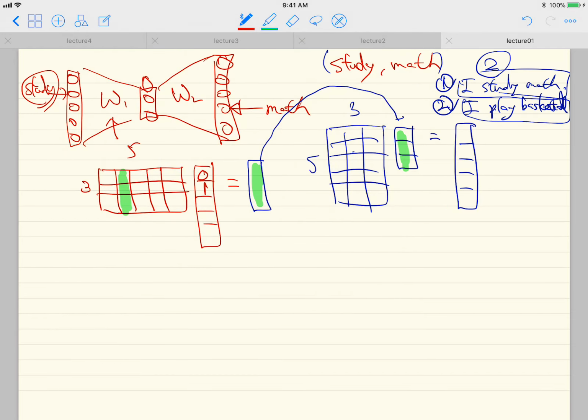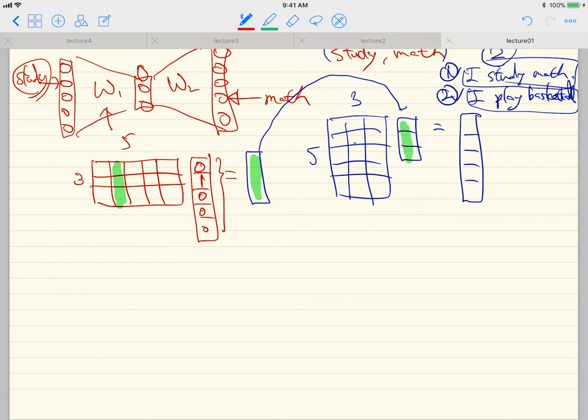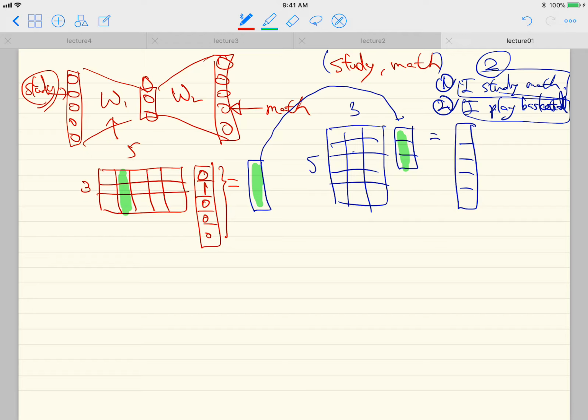The input vector was 0, 1, 0, 0, right? So the input vector dimension is the same as the vocabulary size, or the number of keywords contained in our vocabulary. But in our doc2vec input vectors, we actually concatenate a one-hot vector for our document ID, right?